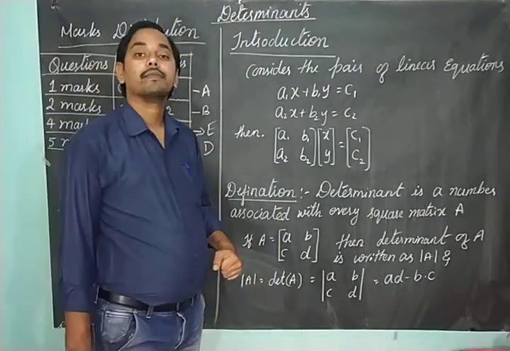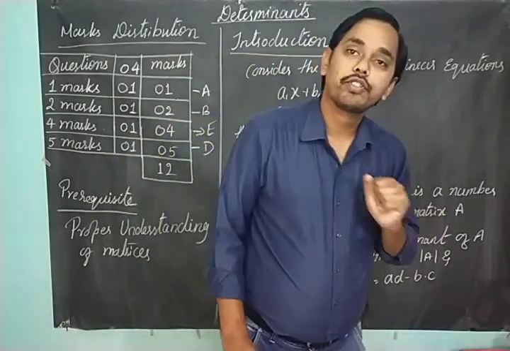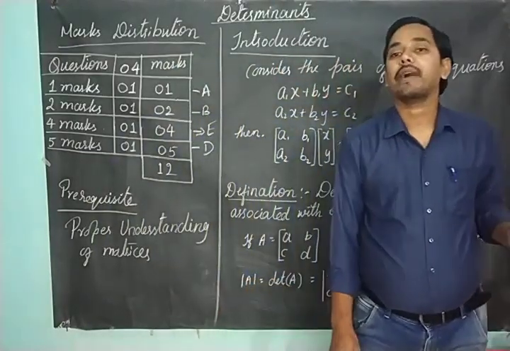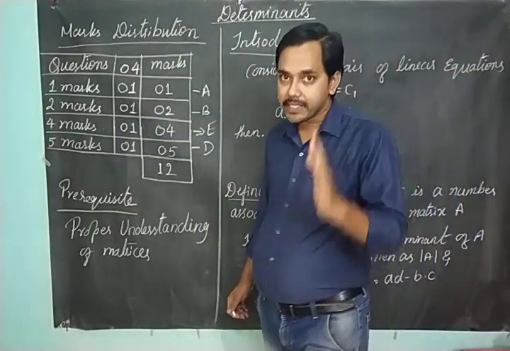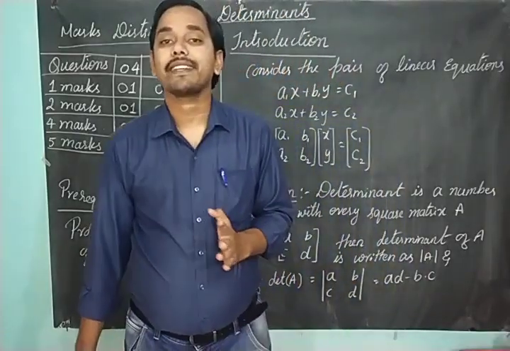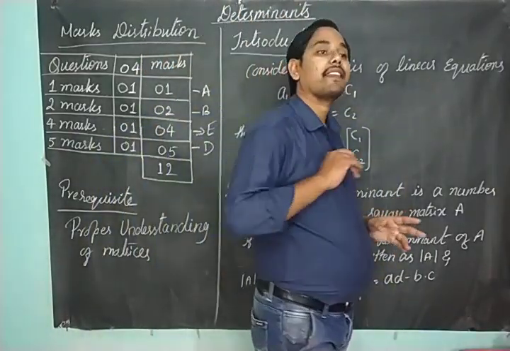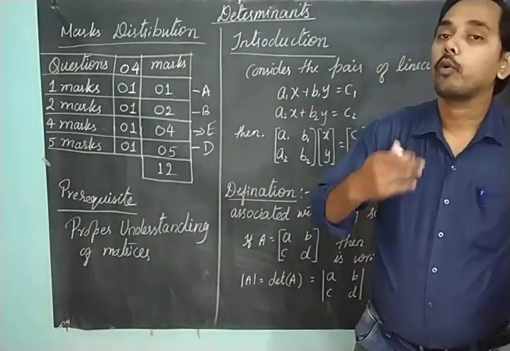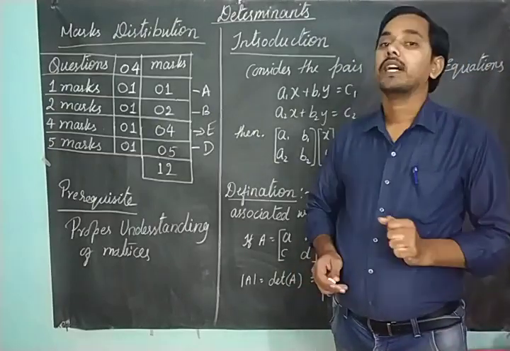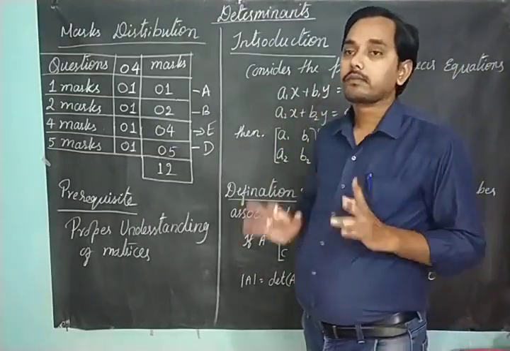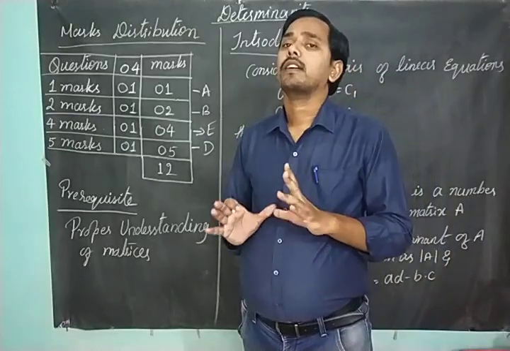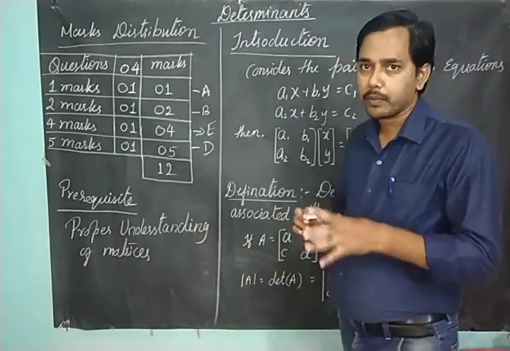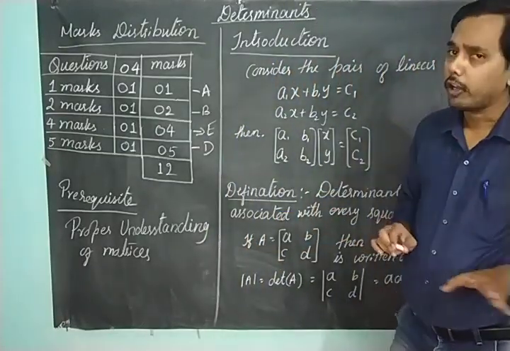Coming to the introduction: why do we use determinants? What is the difference between matrix and determinant? As I said in the introduction class of matrices, a matrix is used to represent more and more information in a small available area. I gave the example of a bus, with people sitting in rows and columns.